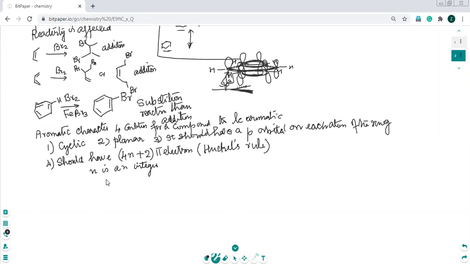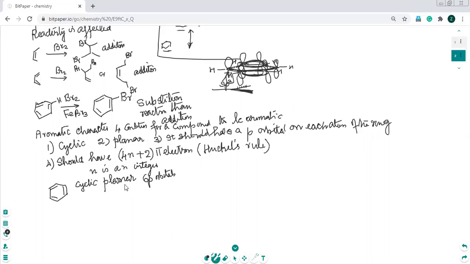Now let us see whether we can apply this rule to the benzene molecule. Let us see whether benzene is aromatic under this condition. Benzene is cyclic, it is planar, and it has 6 p orbitals. And what about the 4n plus 2 rule?